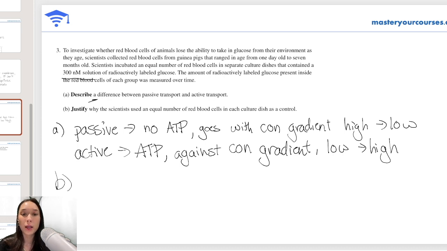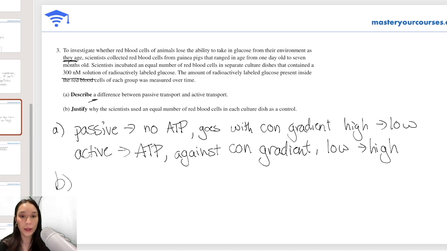So the reason that they would use the same number of red blood cells is because of what they're actually looking at as the experiment. What they're really trying to look at is whether red blood cells lose the ability to take in glucose based on age. So you're looking at age versus ability to take in glucose.